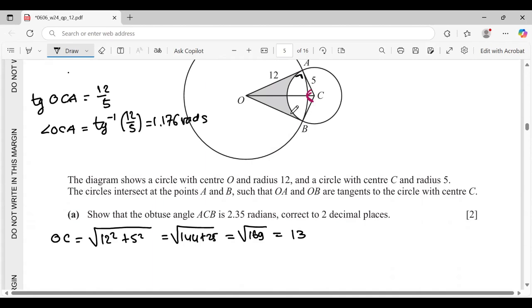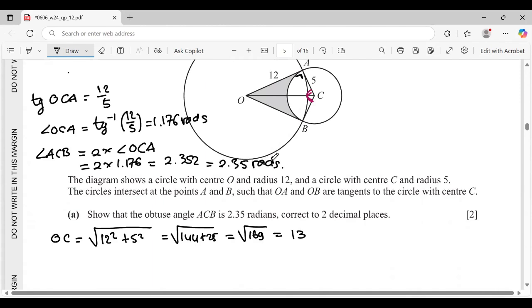So it means angle ACB equals 2 times angle OCA, 2 times 1.176. It is 2.352, or 2.35 radians.